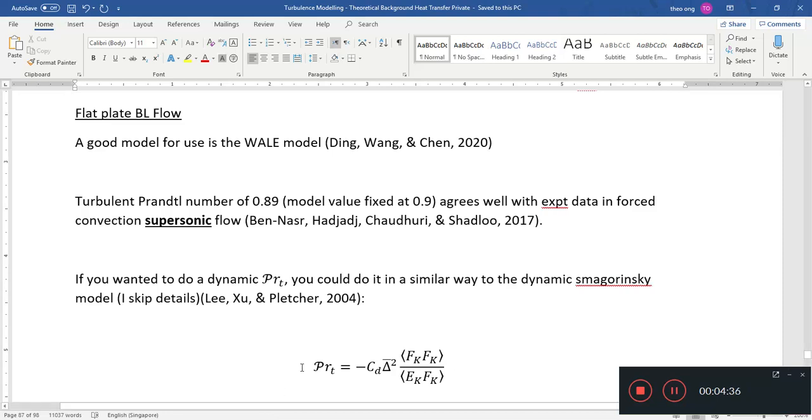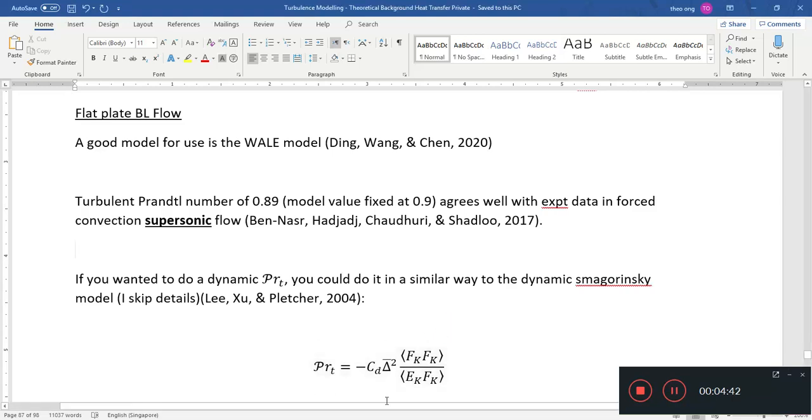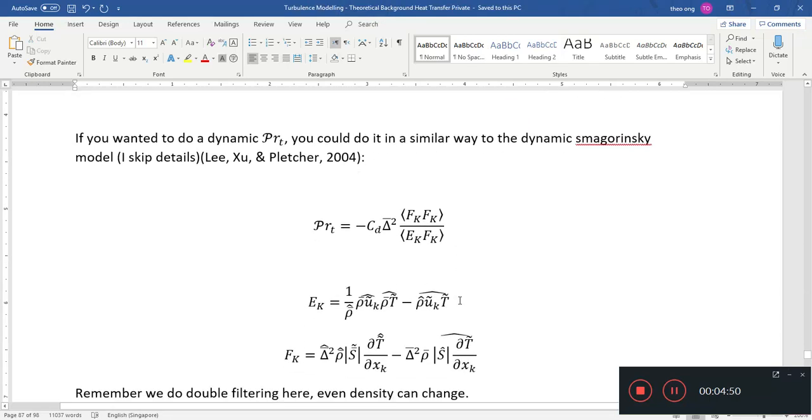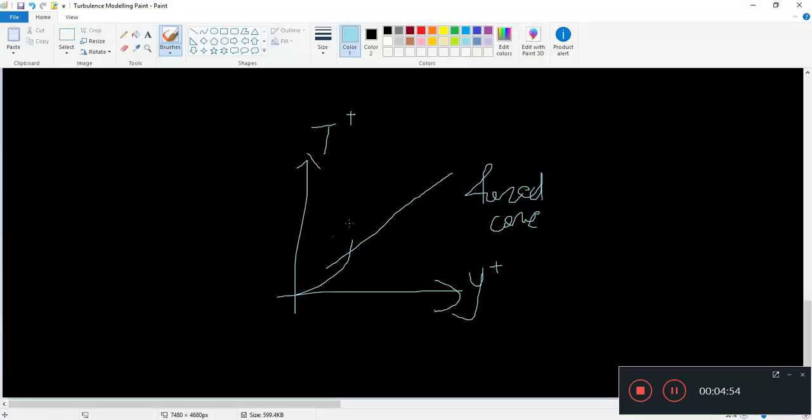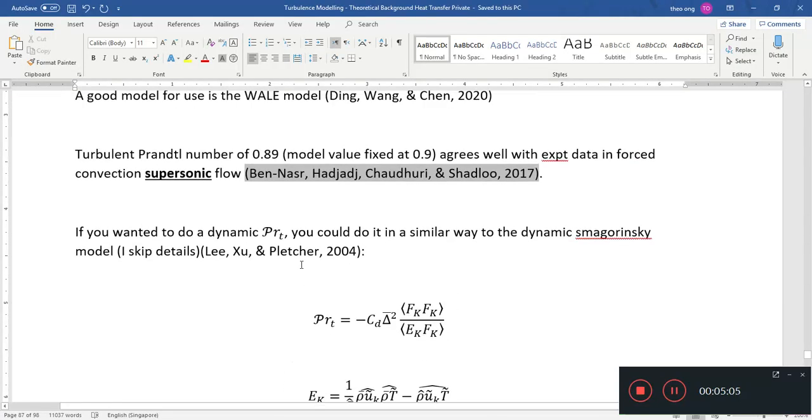Do you want to use a constant Prandtl number, or something more dynamic? If you do it more dynamically, it'll be more accurate, because you could account for the turbulent fluctuation difference in the wall region as compared to your free shear zone, very far away from the wall. So this is how you do it.